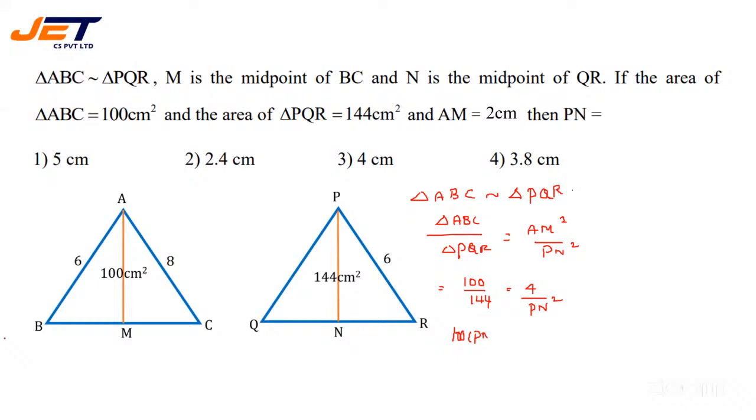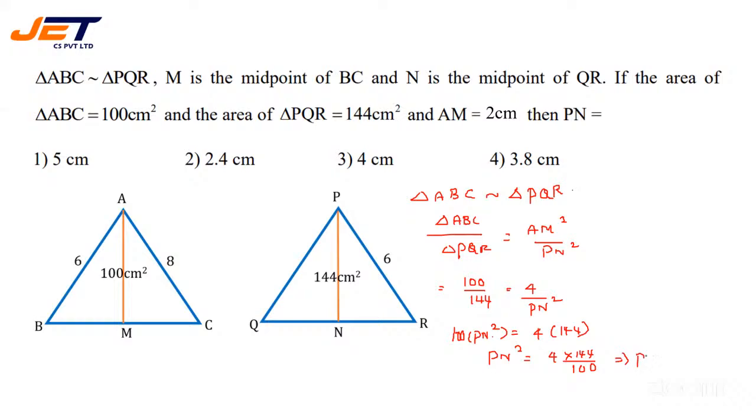So 100 into PN square is equal to 4 into 144. Therefore, PN square should be 4 into 144 divided by 100.